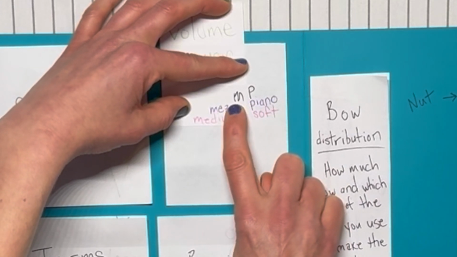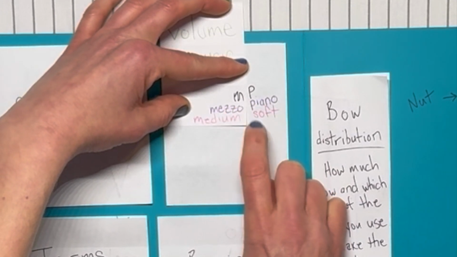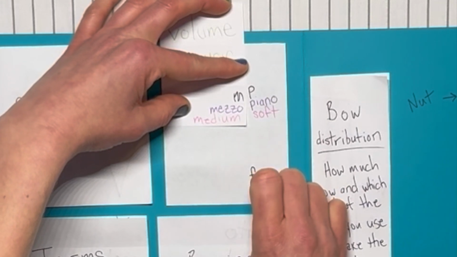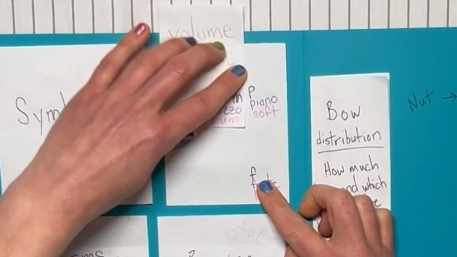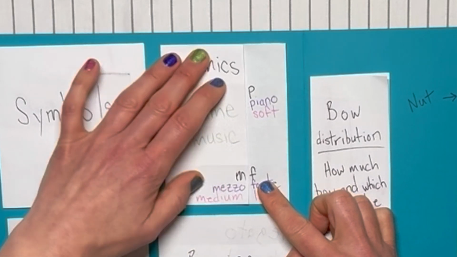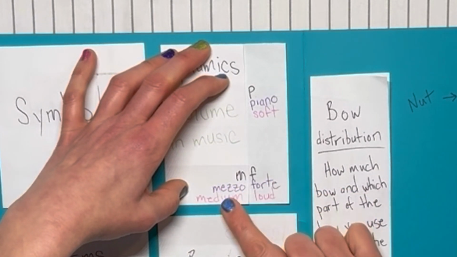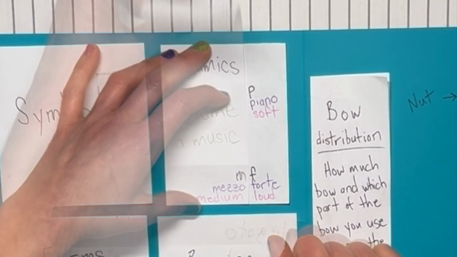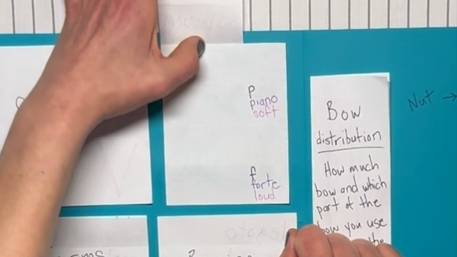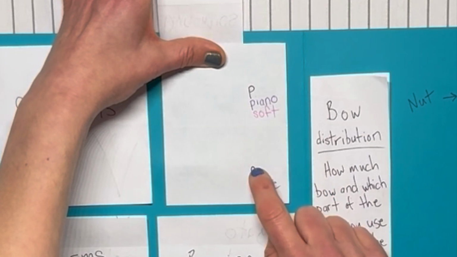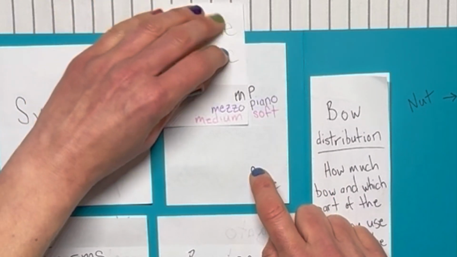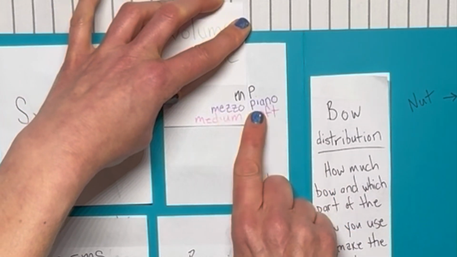You'll never see an M just by itself because it only goes with something else. It's a medium version of something. So what if I fold this down and I put it here? If I have MF, that means mezzo forte, which is medium loud. So in order of softest to loudest, P is soft, M is a little bit louder, but it's medium soft.